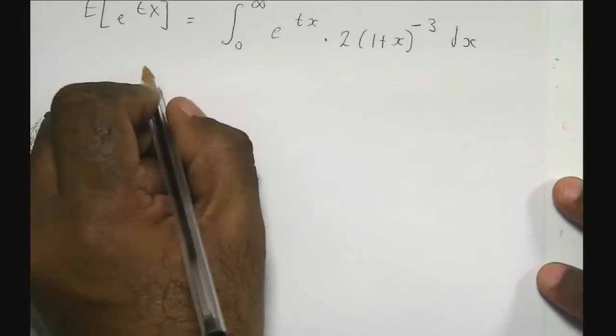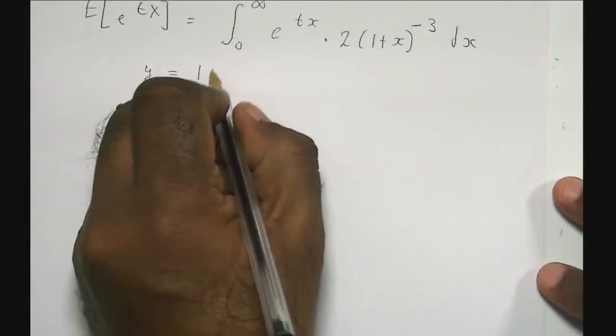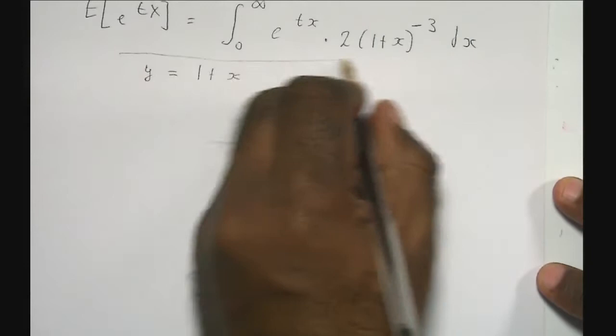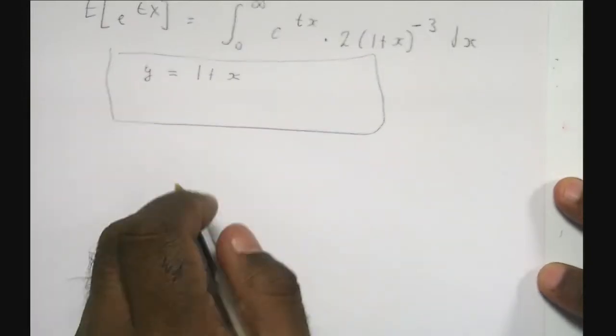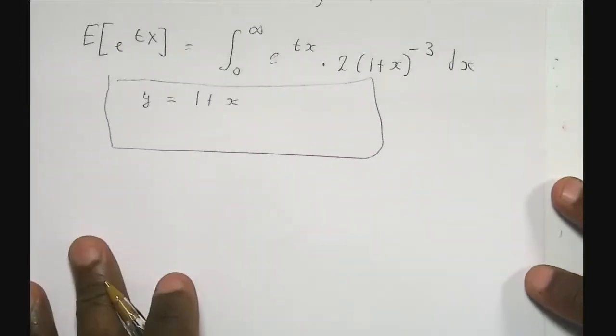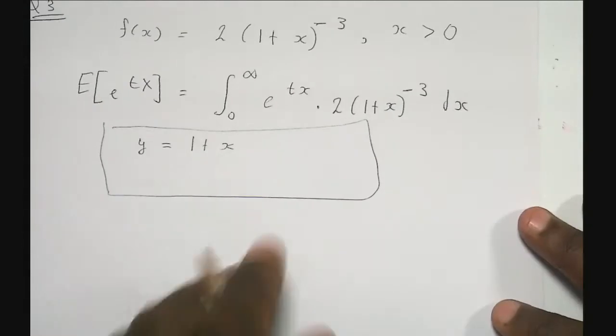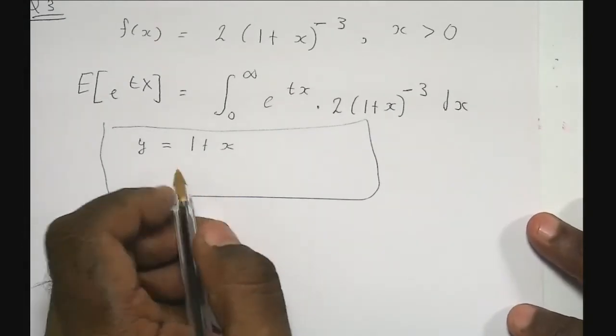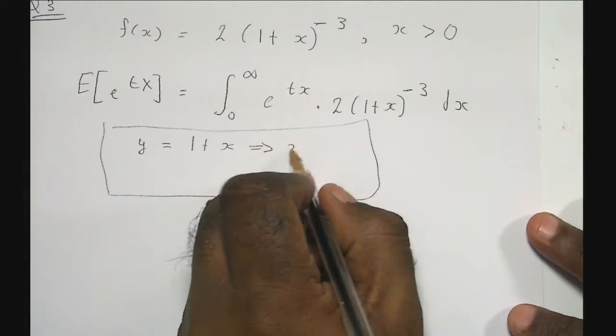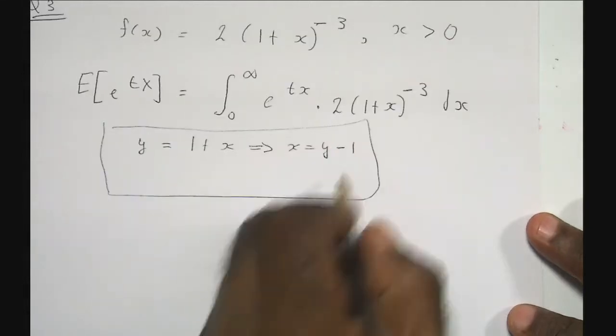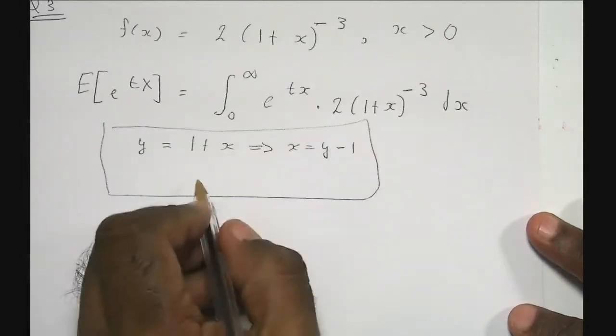The first thing you should try to do is make a substitution, right? So you should put y equal to 1 plus x, then x equal to y minus 1. Okay.